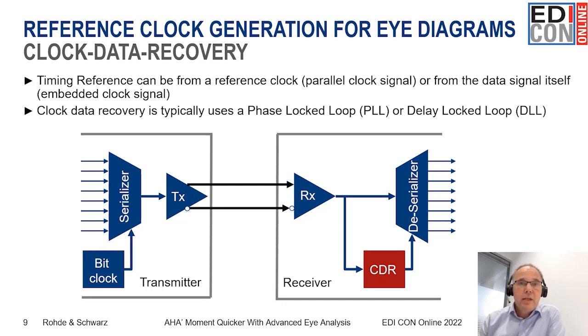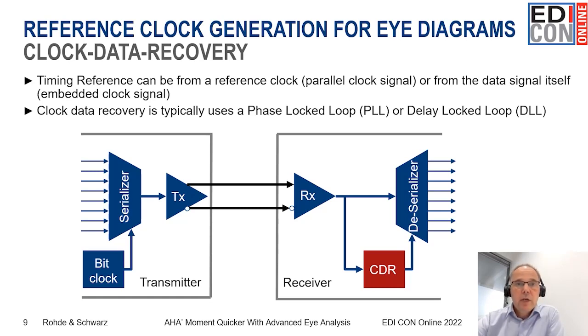But for many interfaces like USB, PCI Express, and so on, we have an embedded clock signal. So I include a clock into my data stream from my transmitter. And on the receiver side, I need a clock data recovery in order to extract the clock signal and in order to do the bit slicing again.